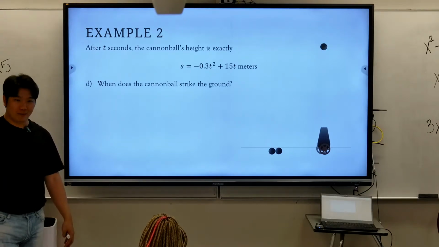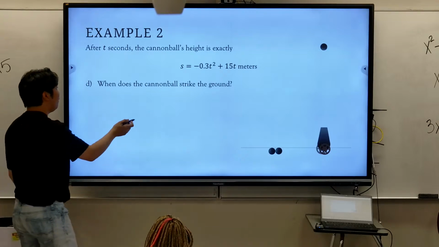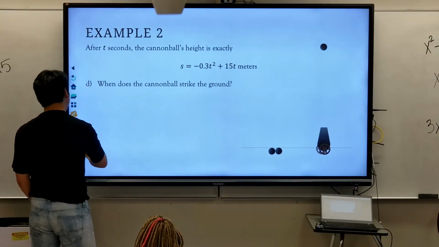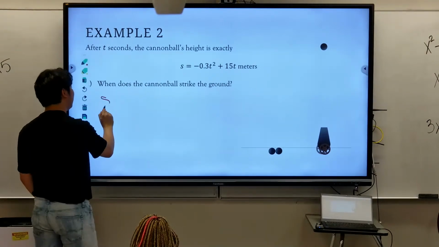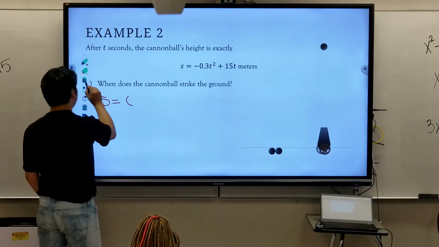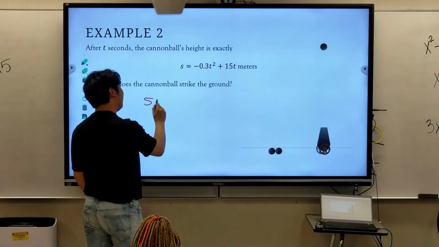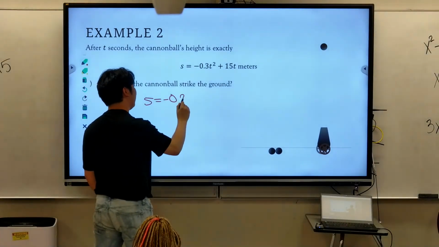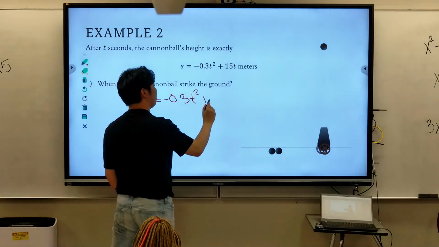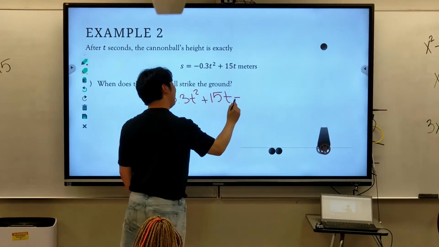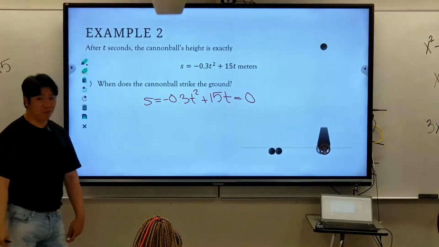I'm on the ground. So first I need to see when is my height or my position, S, which is this function. Yeah, I'll write it again. S is equal to negative 0.3 t squared plus 15t. When is it equal to 0?